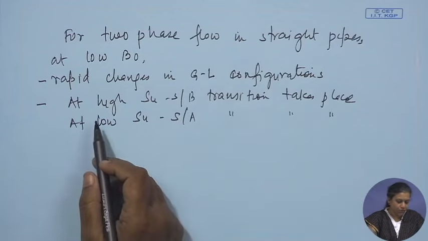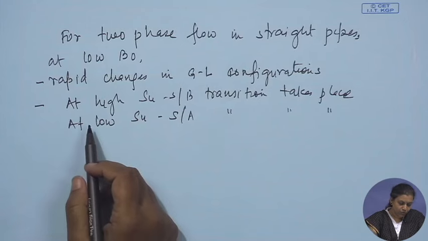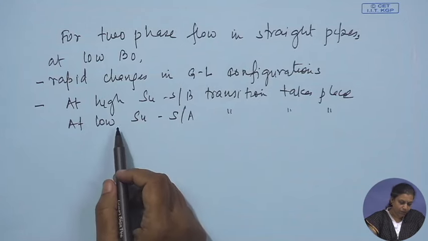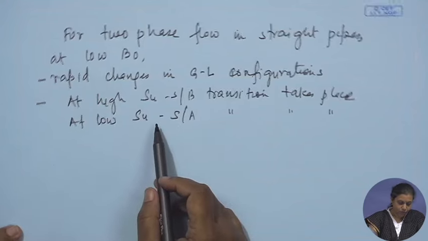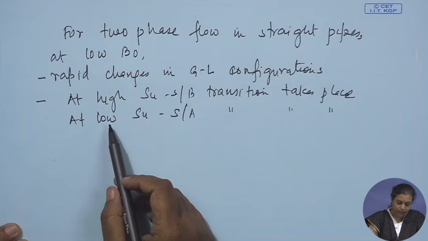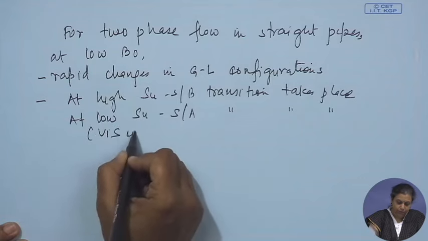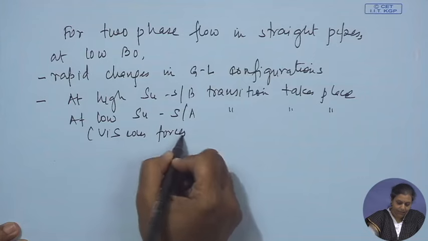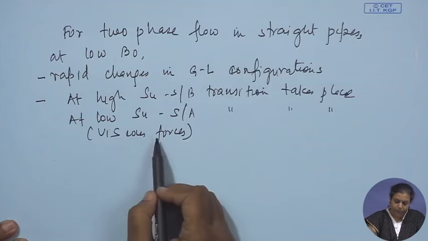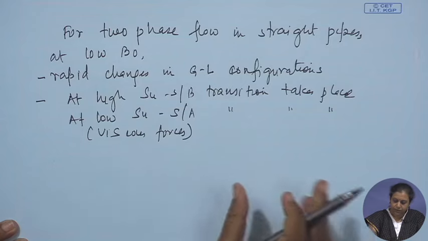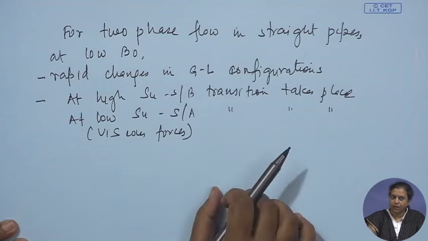Why? Because at high Suratman number and low Bond number, the pinching effect forms. So, when we have low Suratman number, it means that viscous forces are important, and as a result, under this particular condition, the annular flow breaks down to form slug flow.